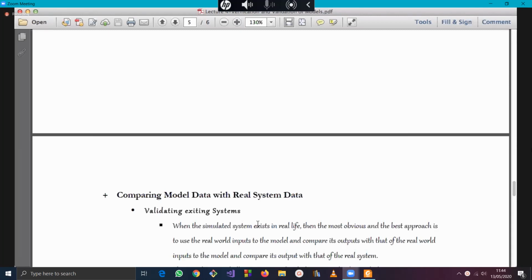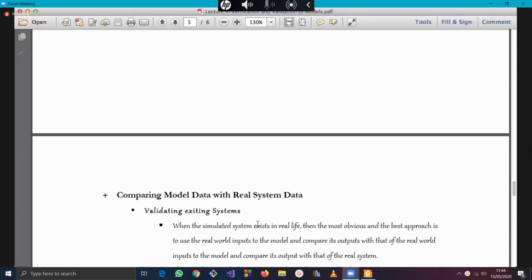So the question is, does this system give what it was supposed to give? In other words, if I put in a specific input, do I get the expected output?